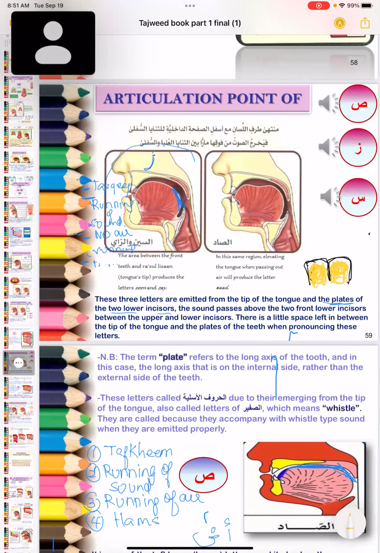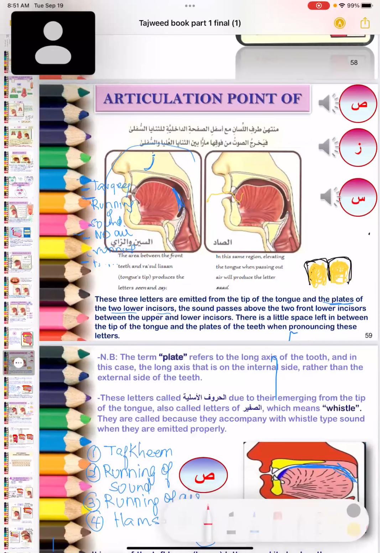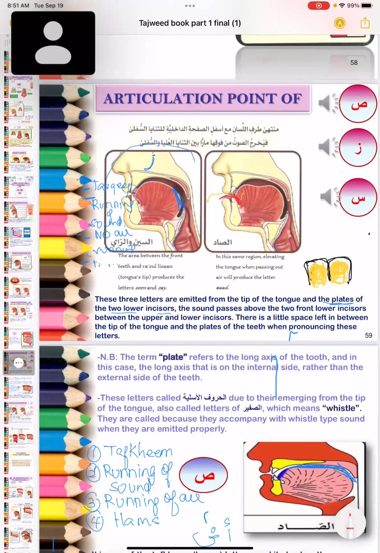Okay, let's look at how they are defining it here. The three letters are emitted from the tip of the tongue and the plates of the two lower incisors. The sound passes above the two front lower incisors, between the upper and lower incisors. So what is happening? Because of this gap, the sound goes out like this. Because of this gap, the sound flows out between the upper and lower incisors.